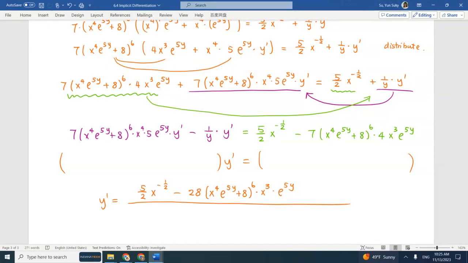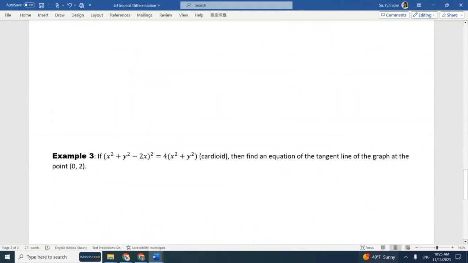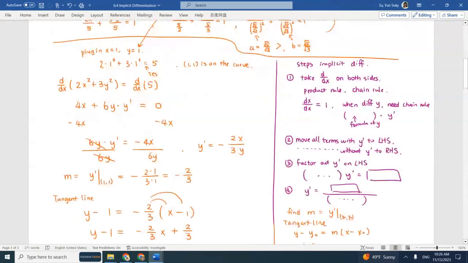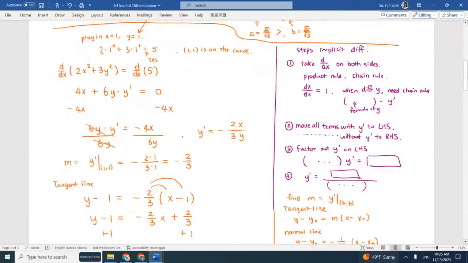So we recall the steps. What are the steps? Here, this is the process. We take the derivative, right? We move the terms with y prime to the left-hand side. We move the terms without y prime to the right-hand side.